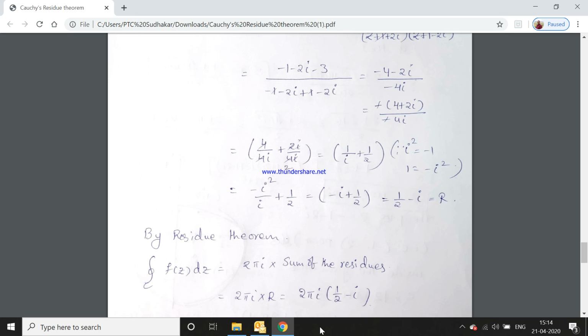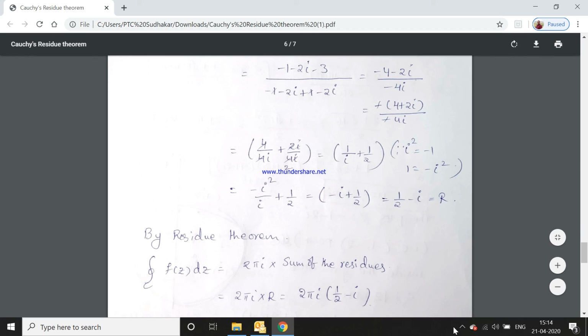We evaluate the integration by using the residue theorem, that is, integral over c of f of z dz is equal to 2 pi i into the sum of the residues. This is the main concept for today.